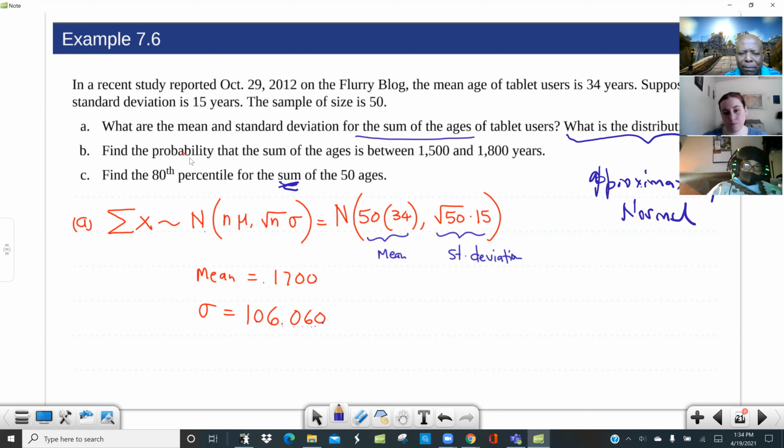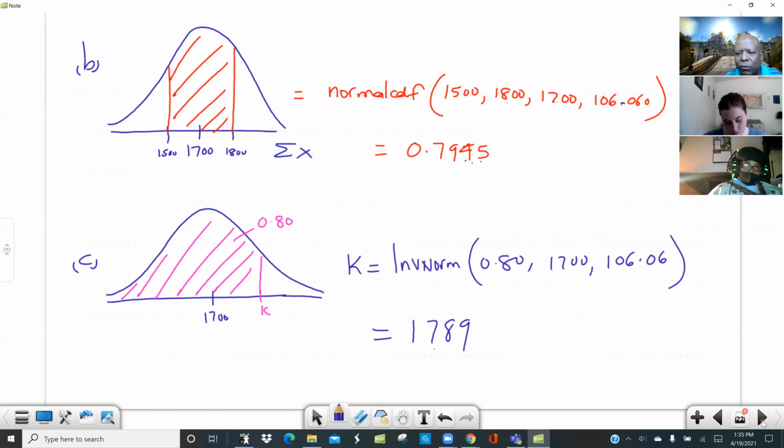And then part B, find the probability that the sum of the ages is between 1,500 and 1,800. So like I always do, I prefer to have a small picture describing what I'm talking about. So I have this normal distribution. The mean is 1,700. I want to know the chances of getting a sample with a sum between 1,500 and 1,800.